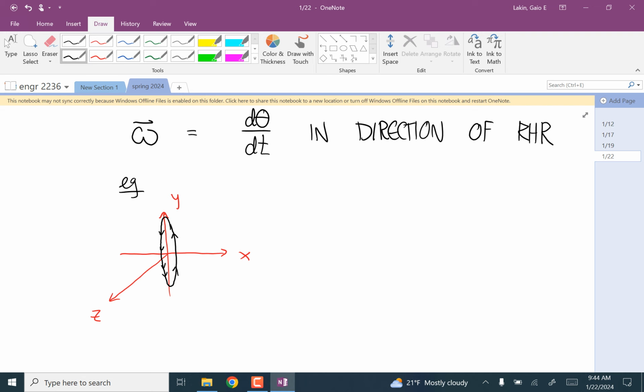If that is the circular path the object is moving in at that instant, and we're given that this is equal to 5 radians per second, then omega, the angular velocity vector, is going to have an x component of 5 and zeros for the others.